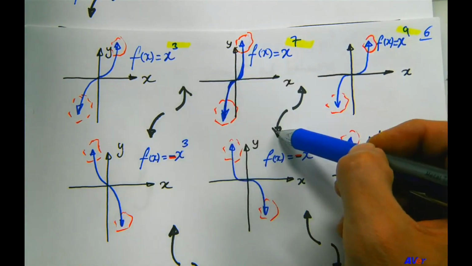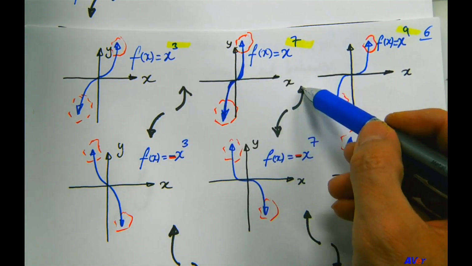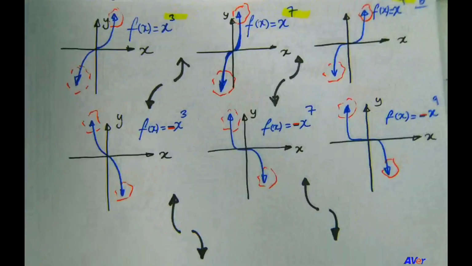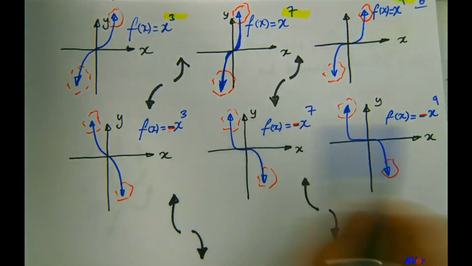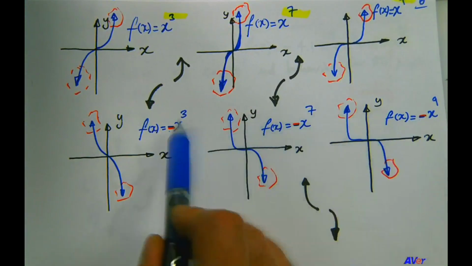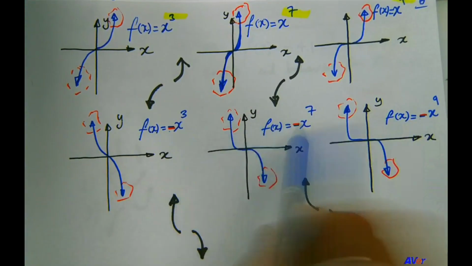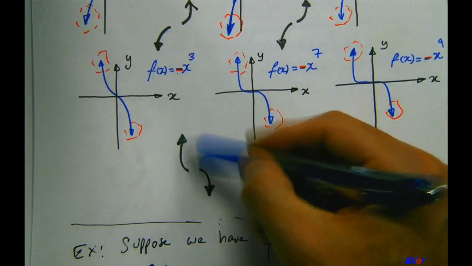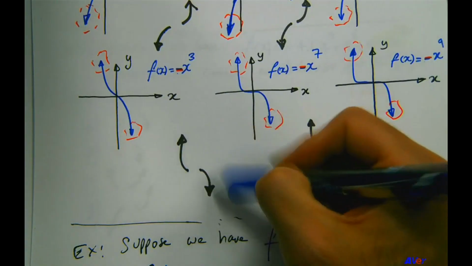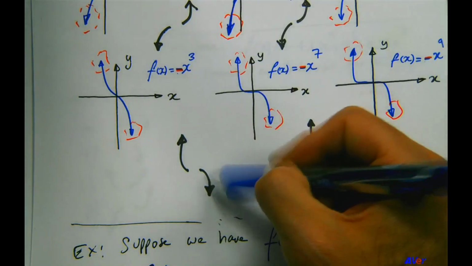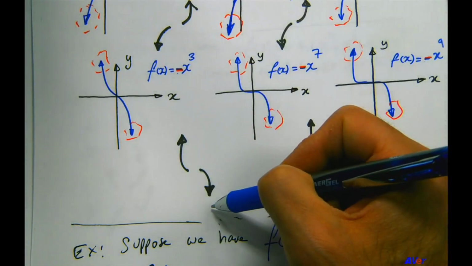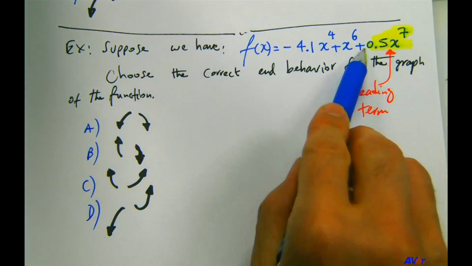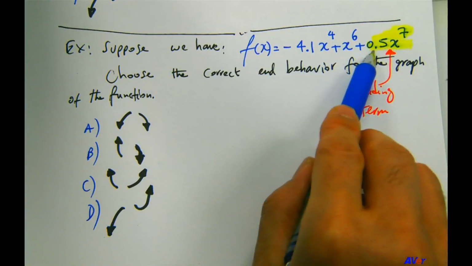Left side pointing down, right side pointing up, right? But if the leading term has a negative coefficient in front, then the left end is pointing up and the right end is pointing down, right? So we definitely have that the leading term has a positive coefficient, right?